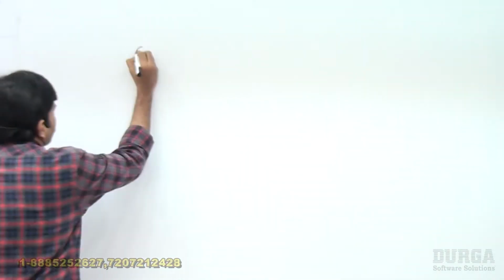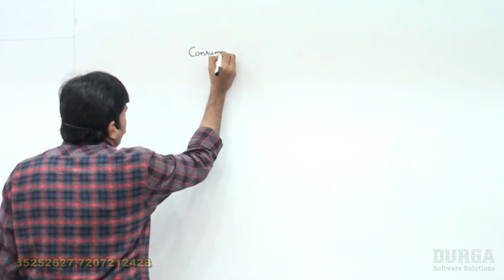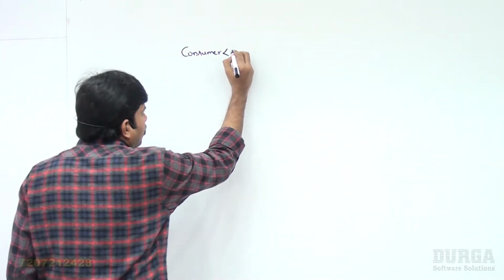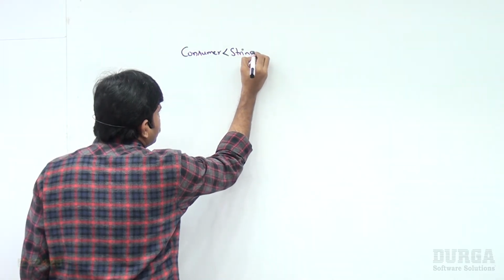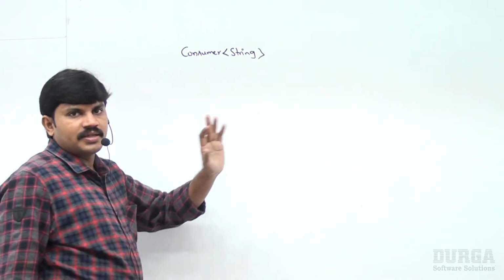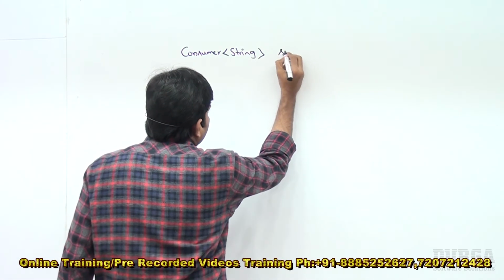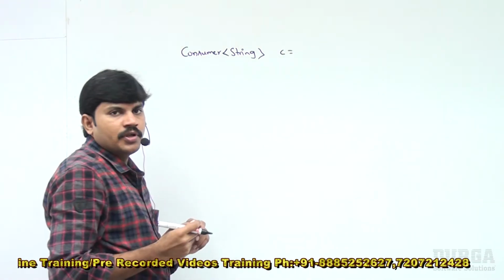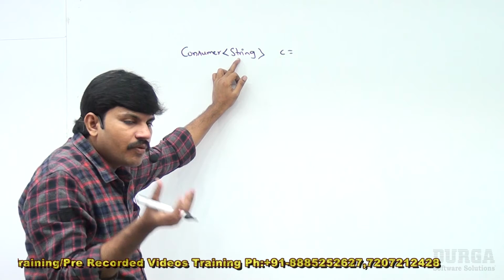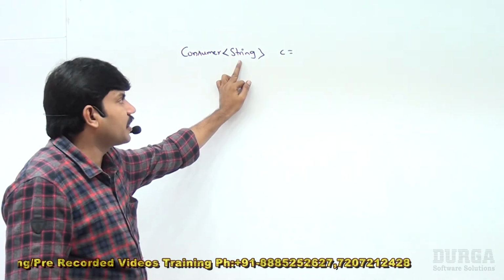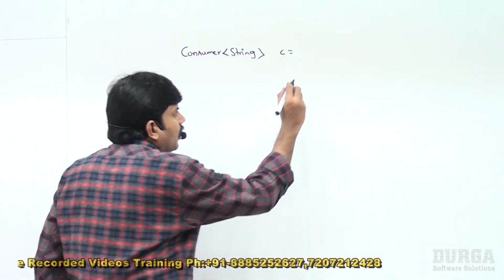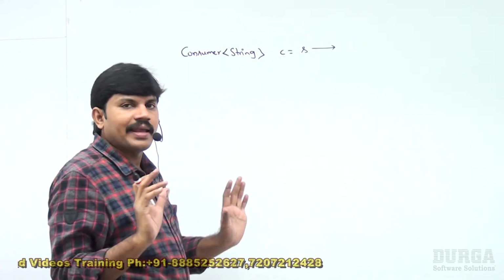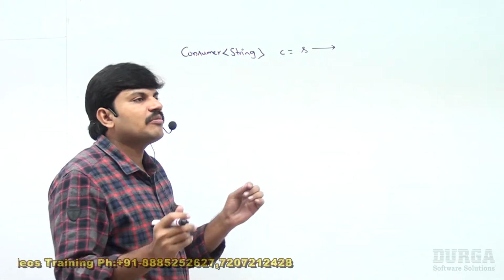Let me go for a small example. Consumer can take one input argument. Let me take a String: Consumer<String> c = s -> System.out.println(s). This consumer can take String type, because I declared it as String type. If I provide s, what does the accept method do? Just print, that's all.